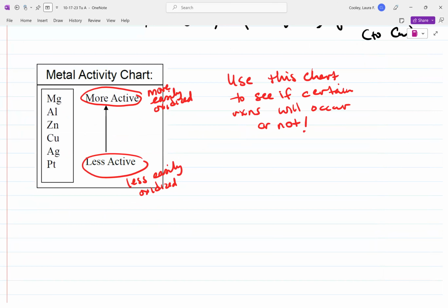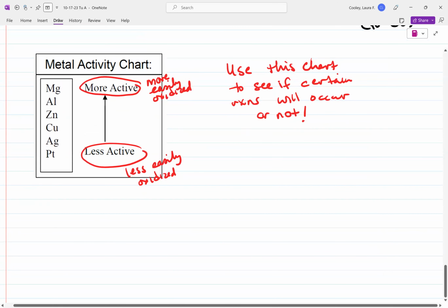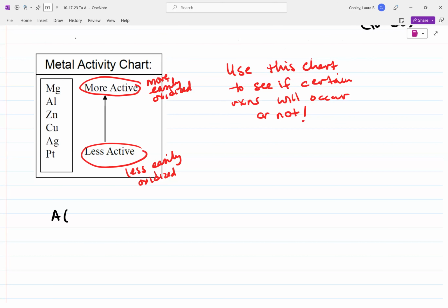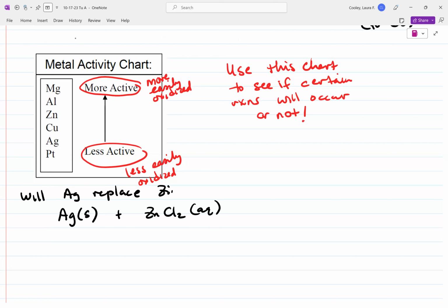So let's take a look at a different reaction. Suppose we have silver, Ag, plus zinc chloride. So here's my question. Will silver replace zinc? So in other words, will this happen here?